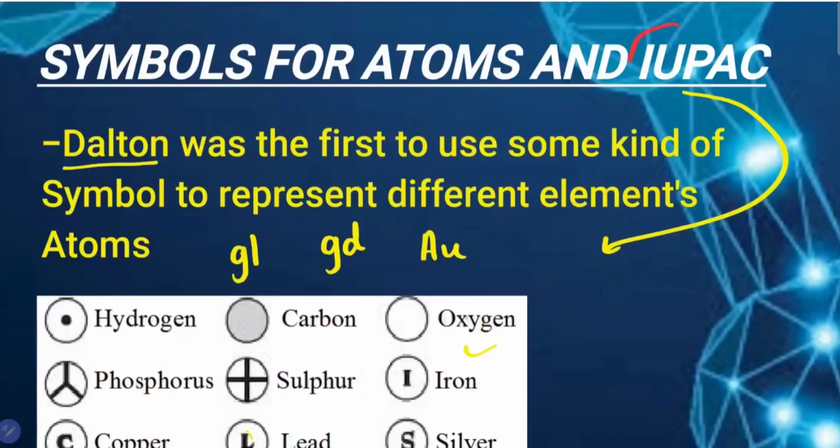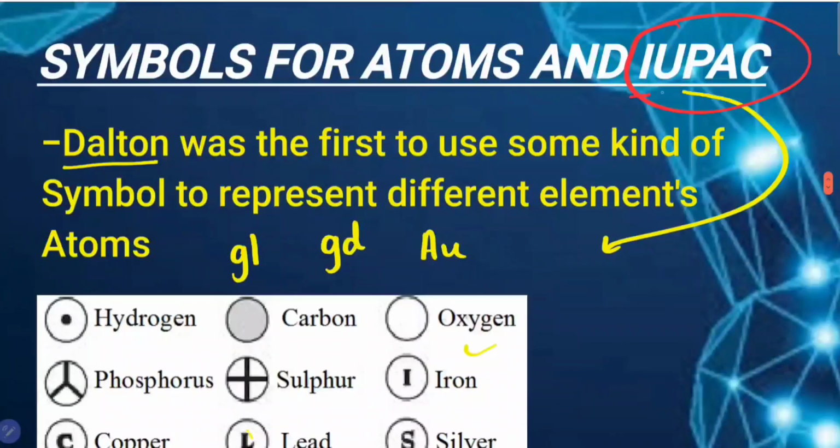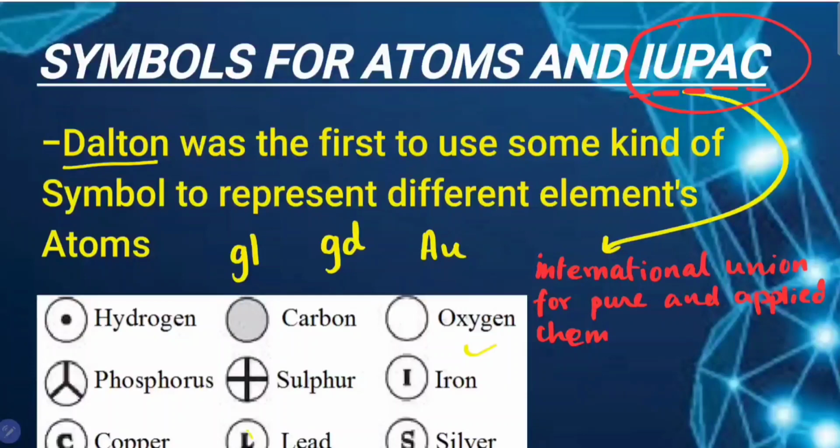This commission approves the names and all these kinds of rules, and this is known as the International Union for Pure and Applied Chemistry, IUPAC. So this is what IUPAC is.